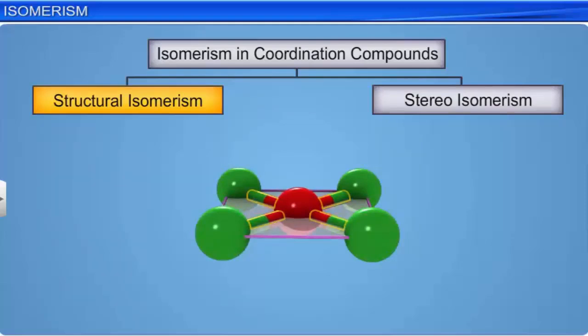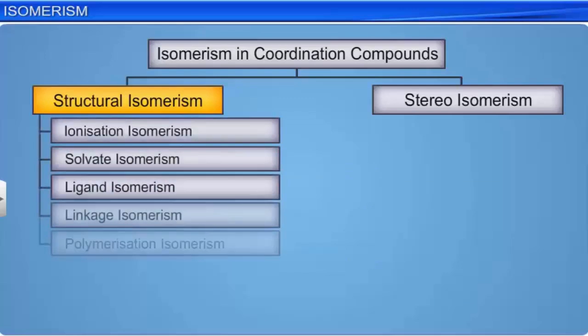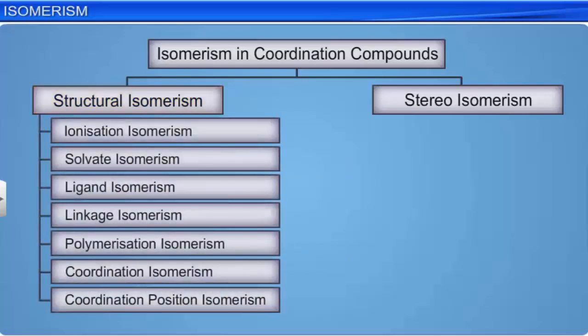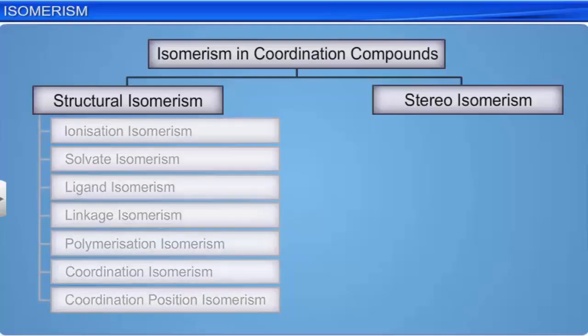This can be further subdivided into several types, like ionization isomerism, solvate isomerism, ligand isomerism, linkage isomerism, polymerization isomerism, coordination isomerism, and coordination position isomerism. Of these, we will discuss only ionization isomerism, solvate isomerism, linkage isomerism, and coordination isomerism in this module.